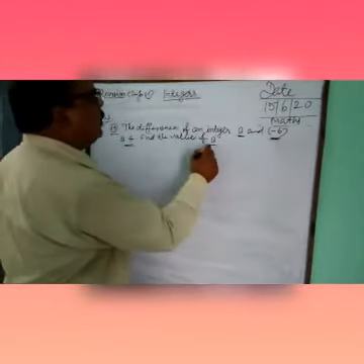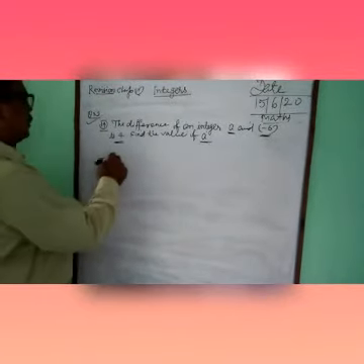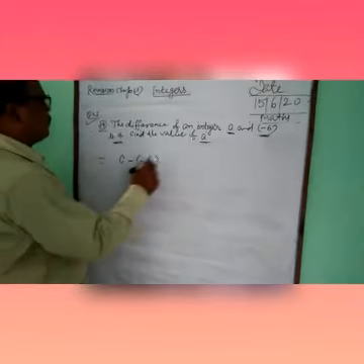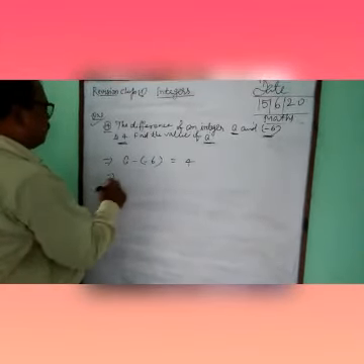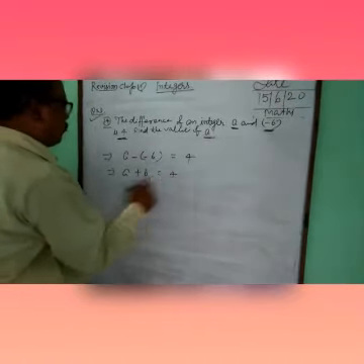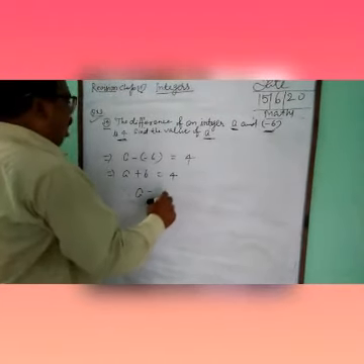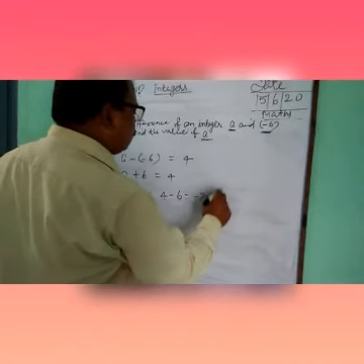Find the value of A. In solution we write A minus (-6) is equal to 4. In this slide A plus 6 is equal to 4. A is equal to 4 minus 6 is equal to -2. Answer.